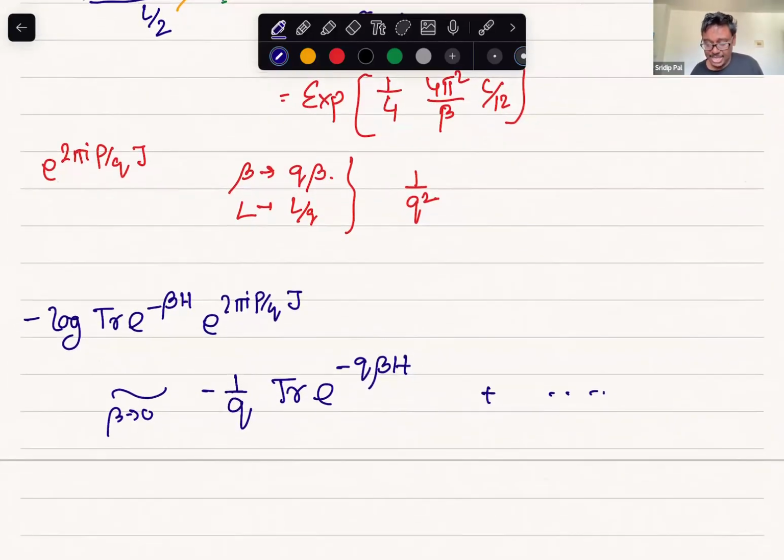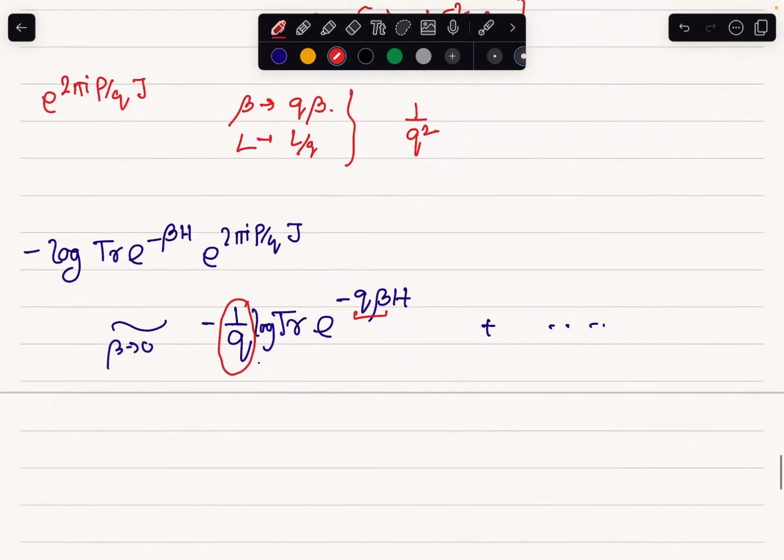So this is the main leading piece of information. Sorry, there is a log here. So this beta goes to q beta really just comes from stacking things on top of each other. And this 1 over q factor comes from the fact that your spatial manifold gets divided into q pieces.